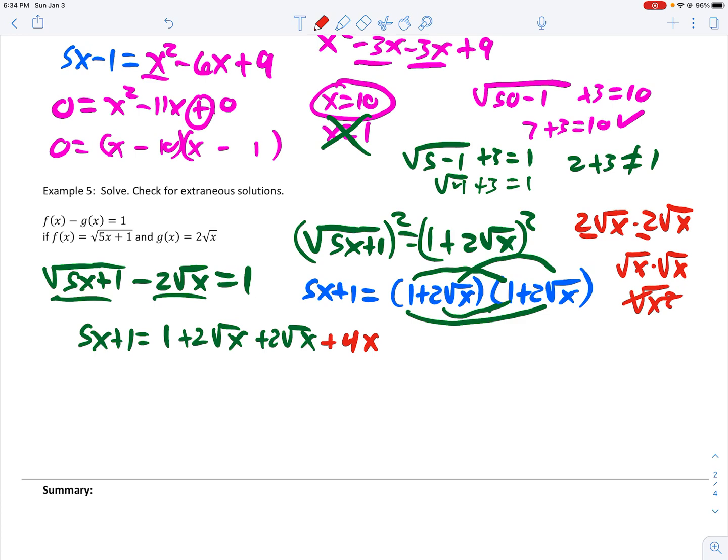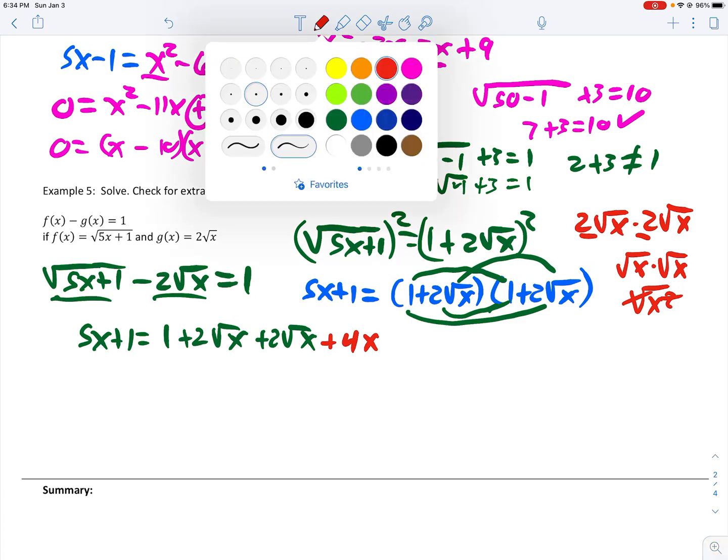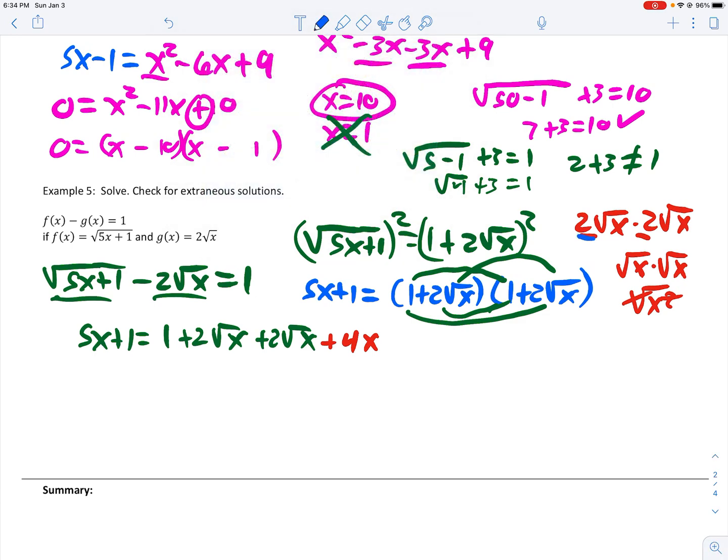So one more time. 2 root x times 2 root x is 2 times 2 is 4. Root x times root x gives you root x squared. The square root and the square reduce, and all you have left is x. So that's 4x.